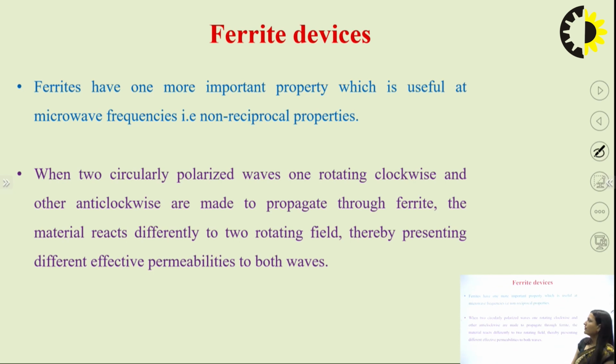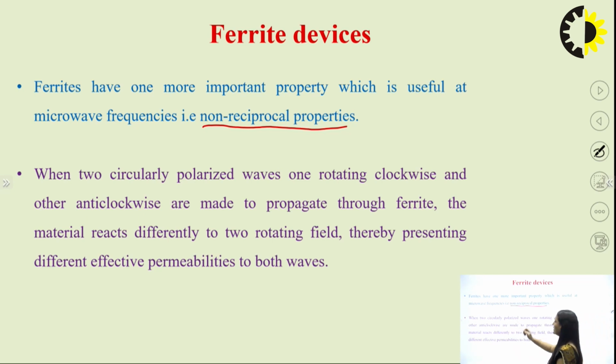So ferrite has one more important property which is useful at microwave frequency, that is the non-reciprocal property. So basically in the microwave we will use this property of ferrite devices. What is that?